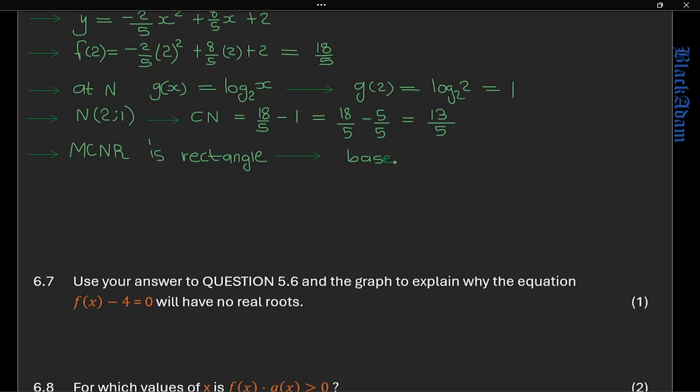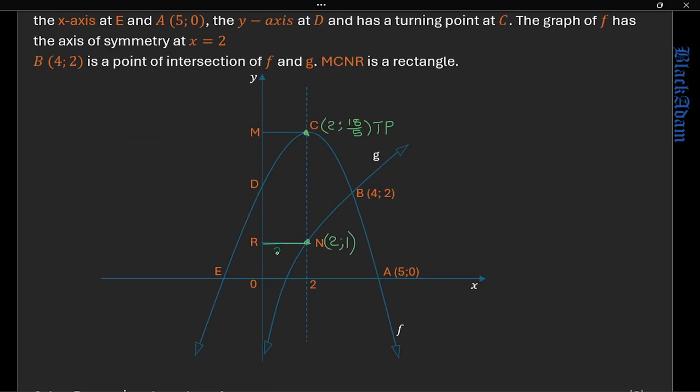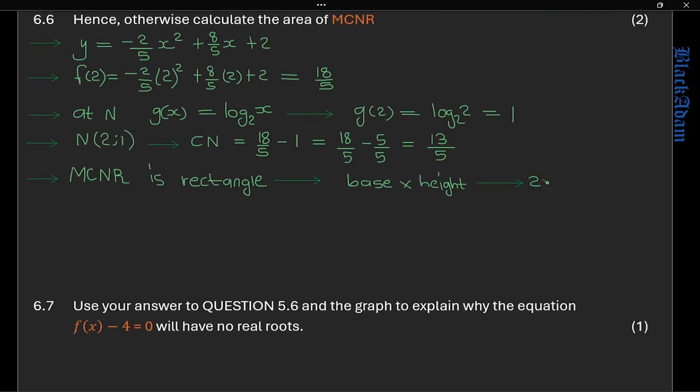Our base there is 2. And then we have height 13 over 5. Multiplying that, 2 multiplied by 13 over 5 will give us 26 over 5. So that will be 5 1/5 units squared.